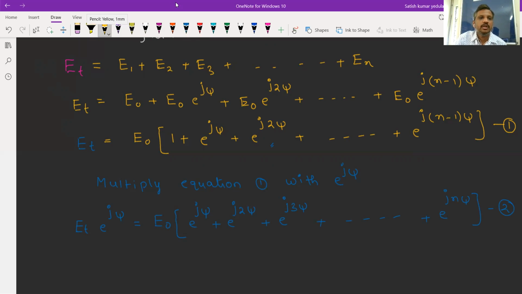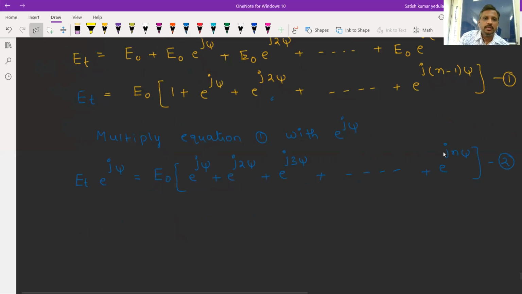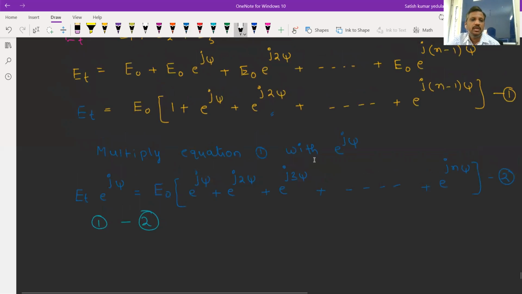Okay, so now let us take 1 minus 2. What will happen if we do 1 minus 2? Observe carefully. On the left hand side, what we have is ET, and this side ET into e power j psi.